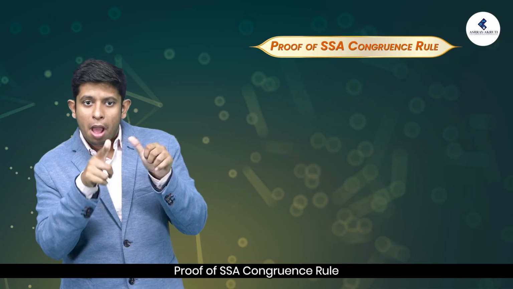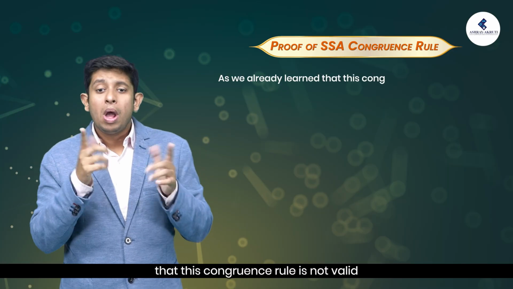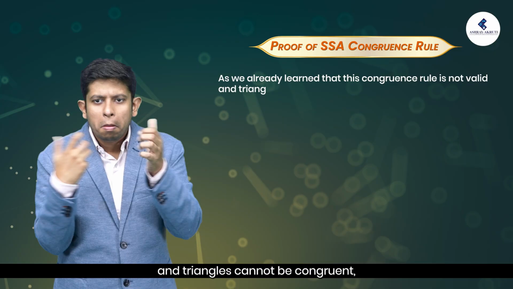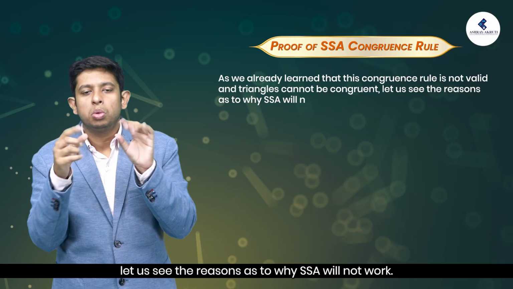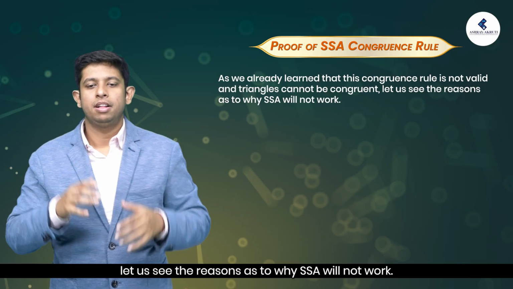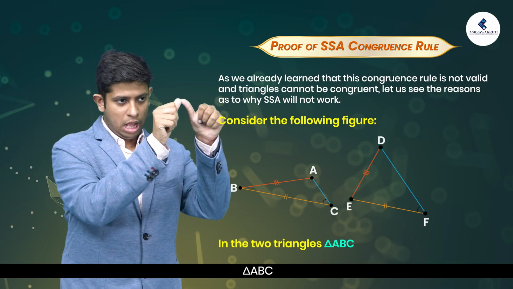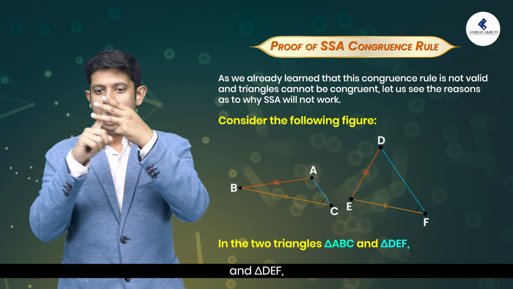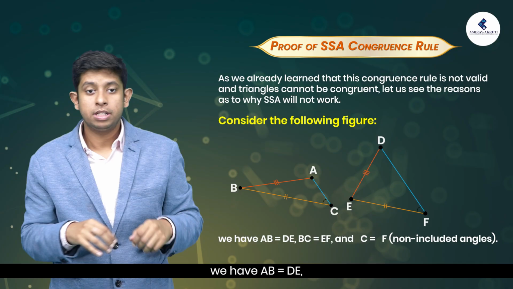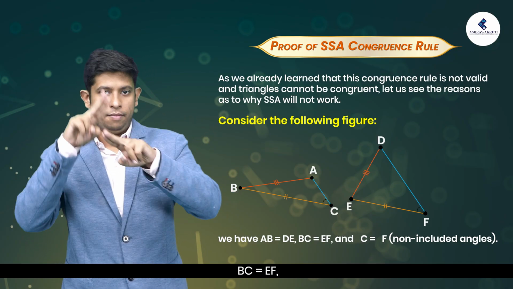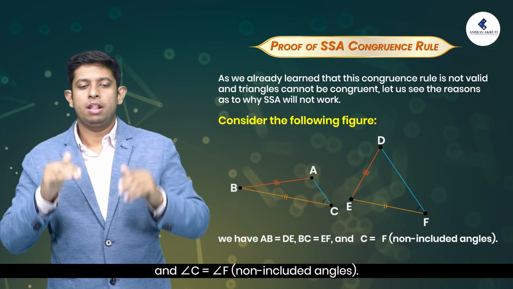Proof of side-side angle congruence rule. As we already learned, this congruence rule is not valid and triangles cannot be congruent. Let us see the reasons as to why side-side angle will not work. Consider the following figure. In the two triangles, triangle ABC and triangle DEF, we have AB equal to DE, BC equal to EF, and angle C equal to angle F, non-included angles.